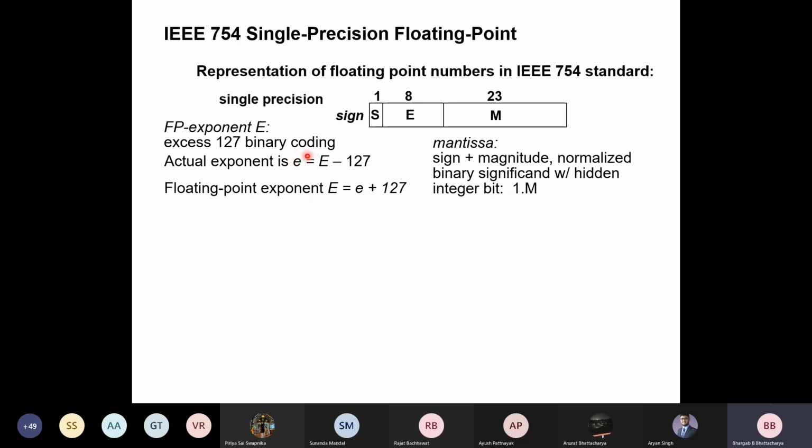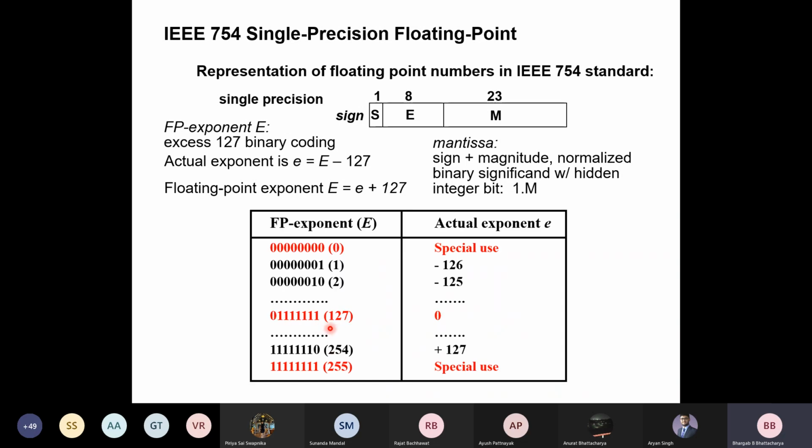And conversely, if the actual exponent of the number is small e, then the stored exponent would be e plus 127, and then you represent this in binary. And as regards mantissa, you just restore this hidden one, 1.m times 2 to the power e, right? And the sign bit is there. Okay, so this answers the question of why this is 127.